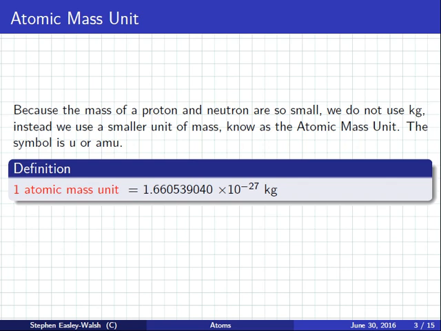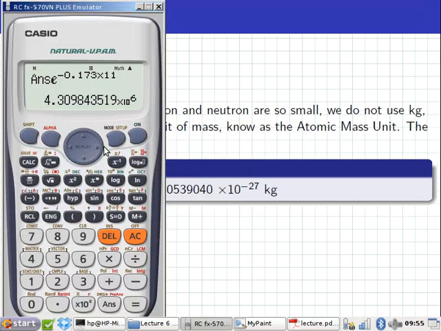You don't need to memorize this. It's on your calculator. Look at the value u or AMU. Shift 717. Yeah, there you go.